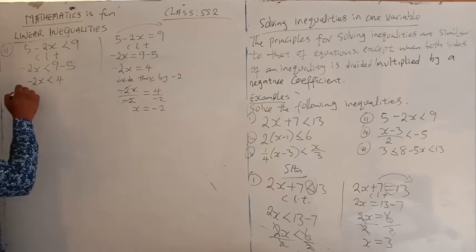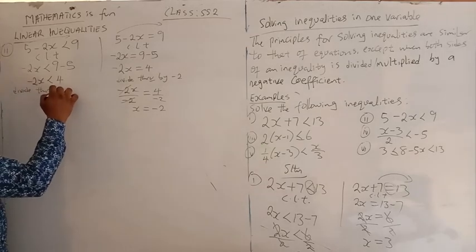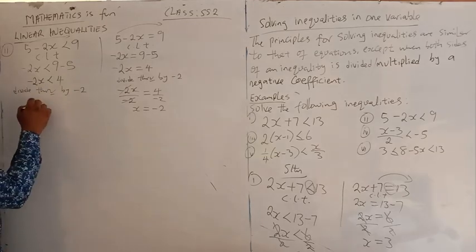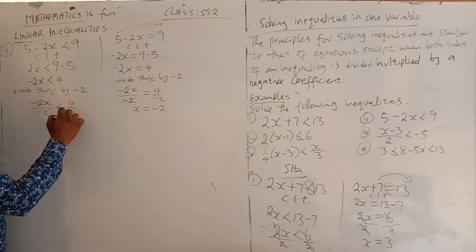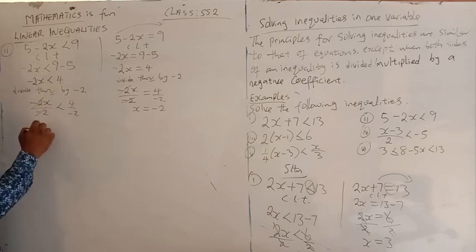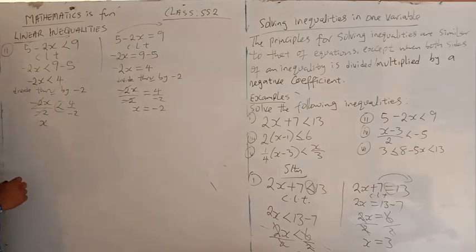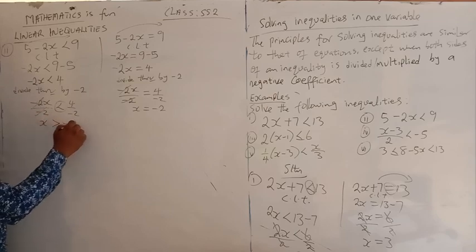But when it comes to this, you divide through as well. Divide through by negative 2, negative 2x over negative 2 less than 4 over negative 2. When you do that here, this sign, the symbol, will change to its opposite. The opposite of less than is a greater than.